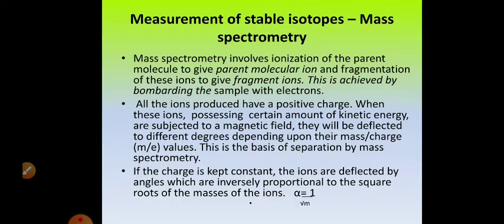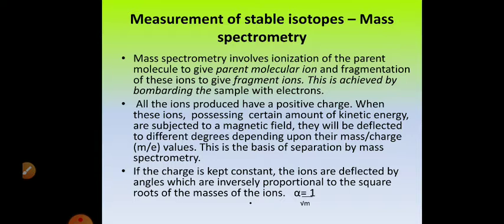That means the parent molecule or the sample is bombarded with electrons. Because of that, the parent molecule is converted into the parent molecular ion, followed by its fragmentation to give fragment ions. All the ions produced have a positive charge.